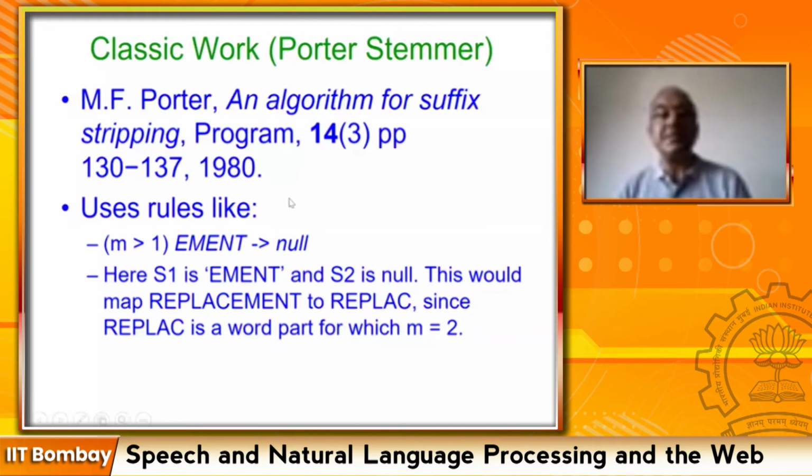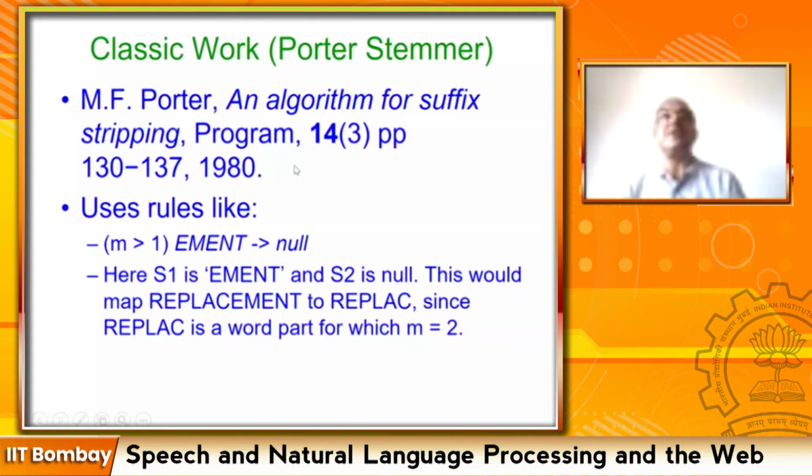That's why Porter's stemmer was created, and it has a set of very elegant rules. Porter's stemmer was created for English, and long back, about 15 years back, we tried creating a Porter's stemmer for Indian languages. But that effort was not successful. That is another story.